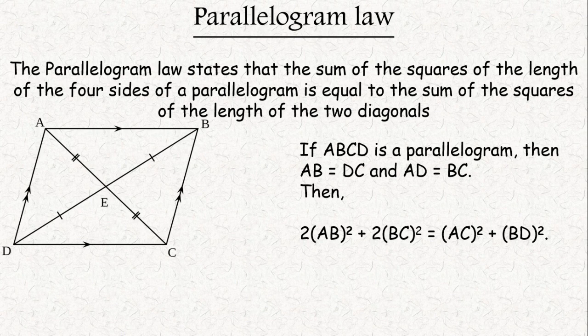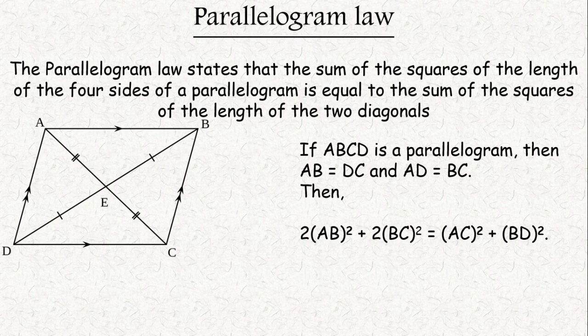These two sides are equal. AD is equal to BC and AB is equal to DC. Then 2AB square plus 2BC square is AC square plus BD square. That's the sum of squares of sides is equal to the sum of squares of diagonals.